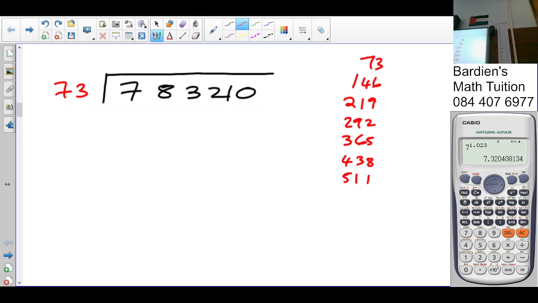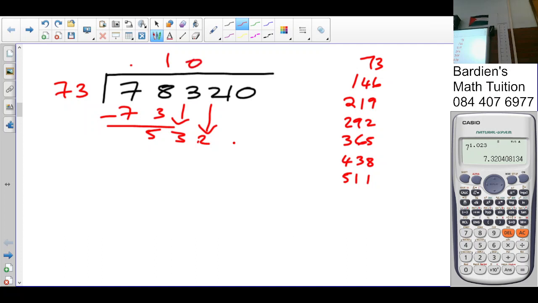Yes, okay. People, can 73 go into 7? No, 73 yes once. So it's 73. Right. You all agree with that? Yes. Can 73 go into 53? No, carry down. So let's put a 0 here, don't forget, no?